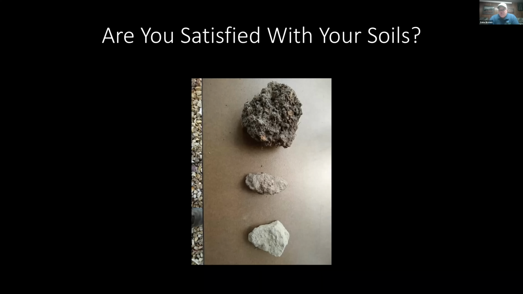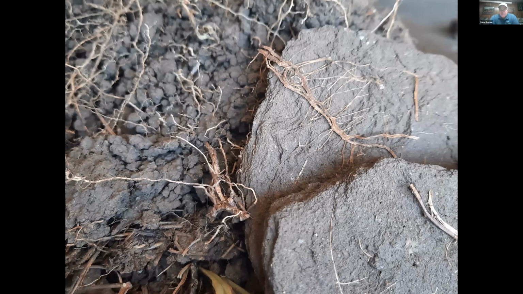However, just like we have degraded soils, we can regenerate soils. Take a look at these 2 soil peds here. On the right, look at how collapsed that soil is. It's basically like cement. There's no pore spaces. Roots have a hard time penetrating.